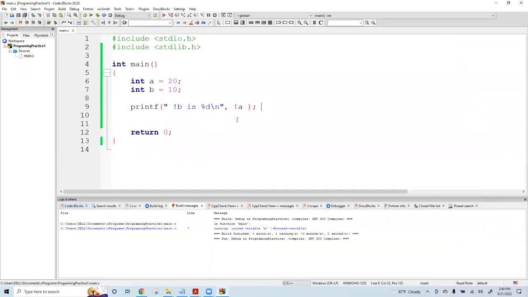Reason is, right? If B is non-zero, any value other than 0 would be considered as 1. So B is 1. Not B is the opposite.